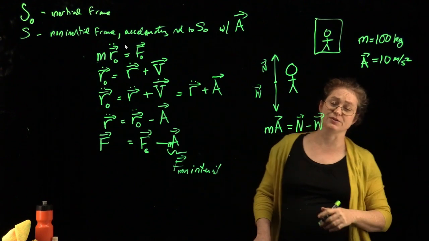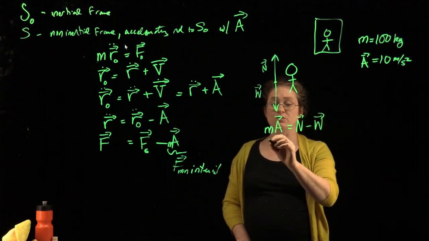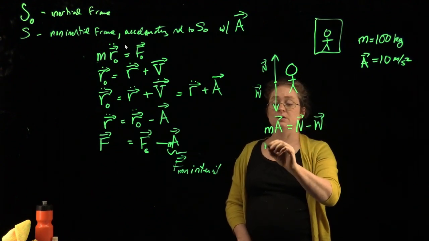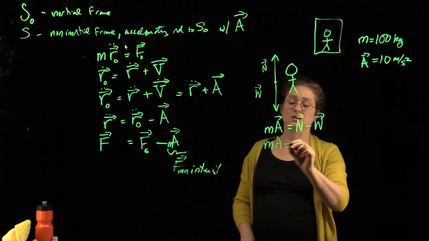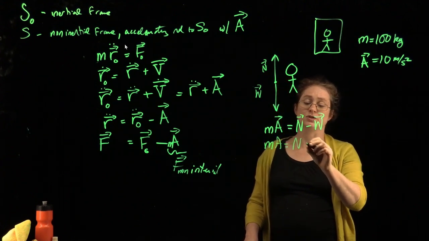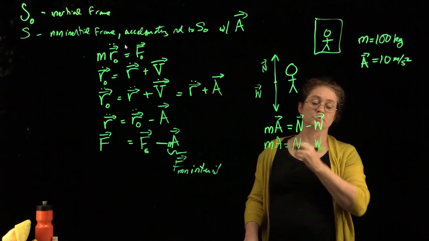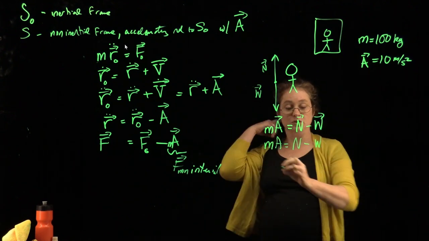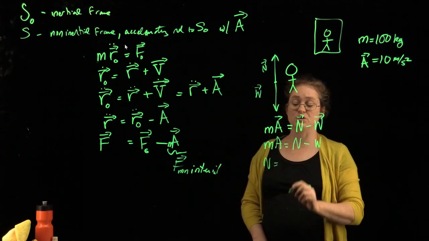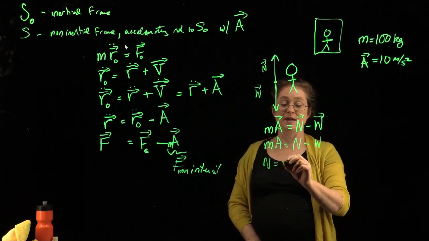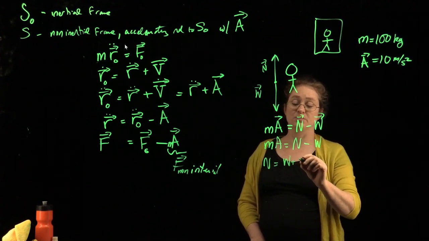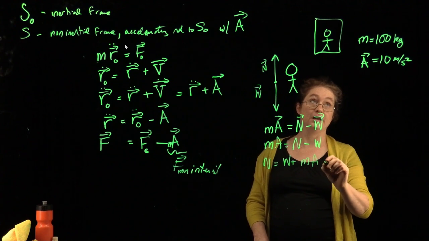These are all scalars in the same direction. Ma equals normal force minus weight. So the normal force, which is what the scale will read, is your weight plus ma.